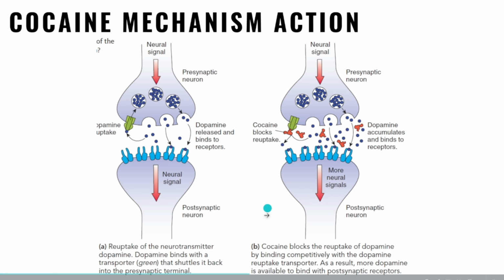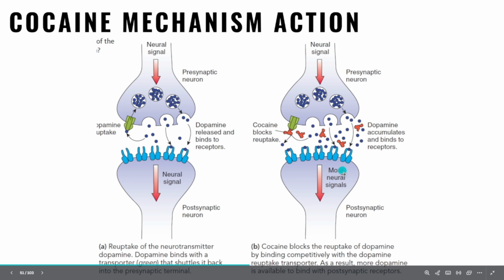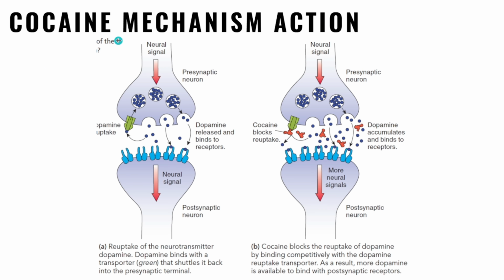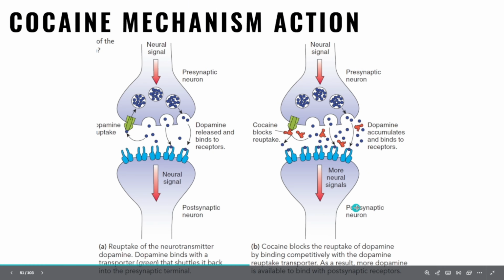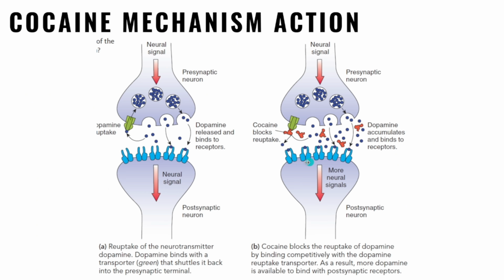That's why people who consume cocaine are very hyperactive, always in a very happy, honeymoon condition, because their postsynaptic neuron is always activated. But the body wants to reduce this condition, so it reduces the dopamine receptors.